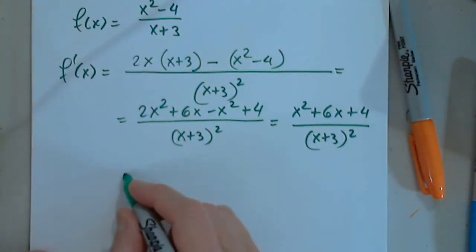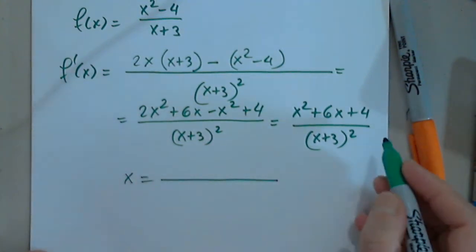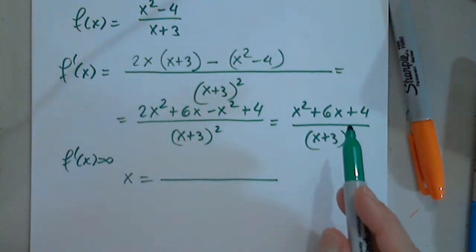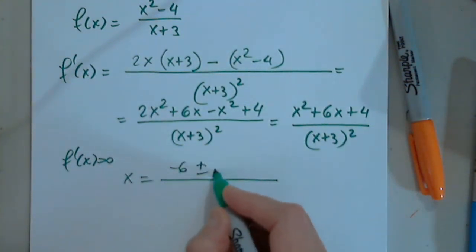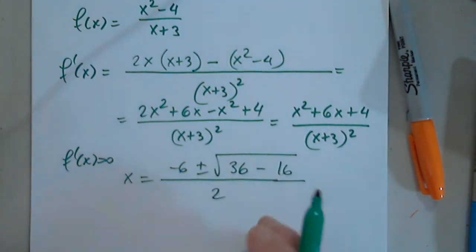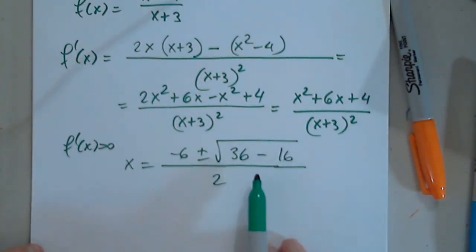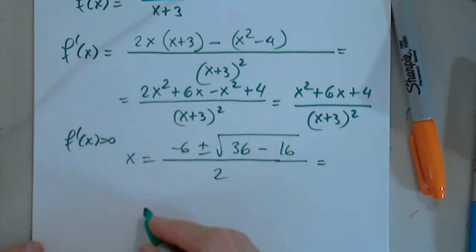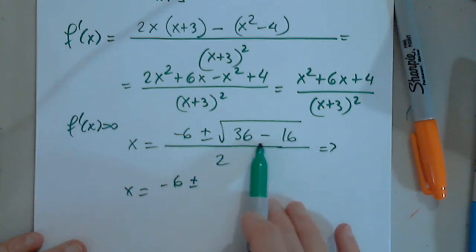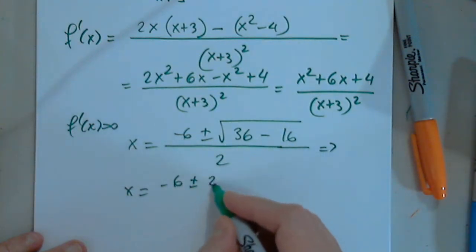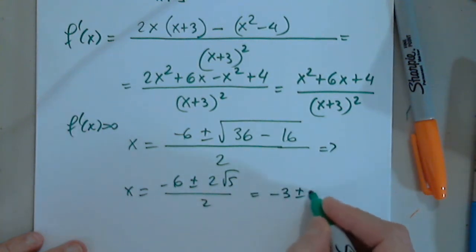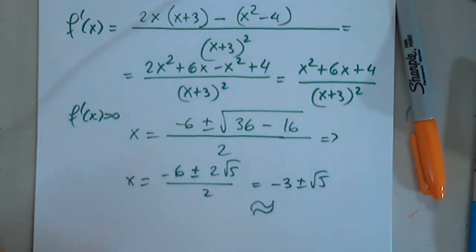So when I set f prime of x equal to 0, the numerator has to be 0, so negative b plus or minus the square root of b squared minus 4ac, divided by 2a. So from here I have x equals negative 6 plus or minus the square root of 20, which is 2 square root of 5, divided by 2, or negative 3 plus or minus the square root of 5, but I still have to approximate those.